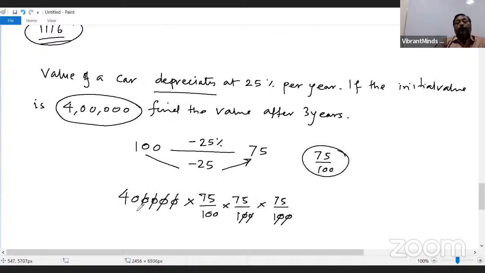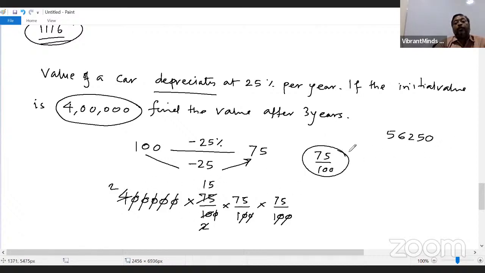1 2 3 4. 1 2 3 4. We have 1 1. 5 2s, 5 15s, 2 2s. So it is 75 into 30. 75 square into 30. Now 75 square, we know what it is. 5625 multiplied by 30.